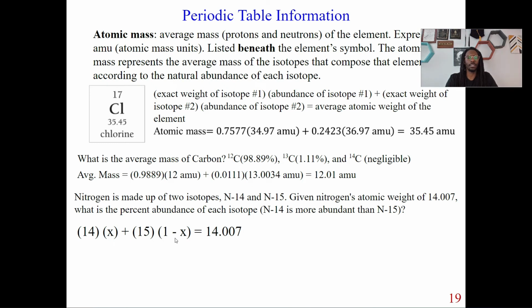It's 1 minus x because there is going to be more nitrogen 14 than 15. In this case, since we only have 2 of these, whatever's left over will go to nitrogen 15. And we're going to set that equal to what's given, 14.007.